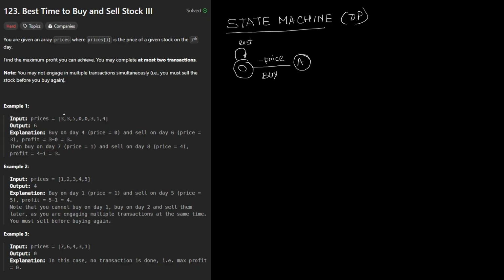The reason being, let's say I'm buying this stock at 3. If I currently have a sum of, let's say, x, it would be x minus 3, because I'm using 3 credits to buy this stock.